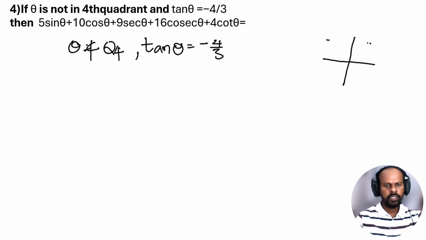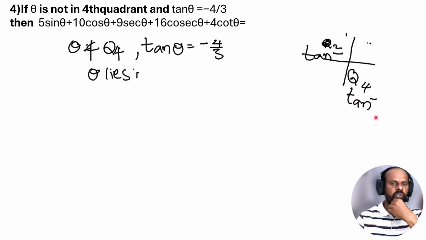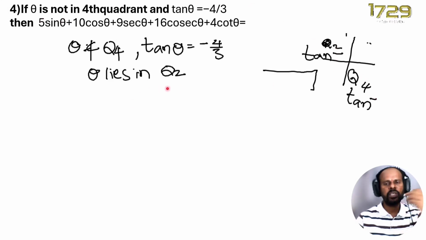And next you see, if you observe quadrants, tan is negative either in second or fourth quadrant. Why? Because tan is positive in first and third quadrant. So if theta angle is not in fourth quadrant, it means it can lie in second quadrant. That only we have written.